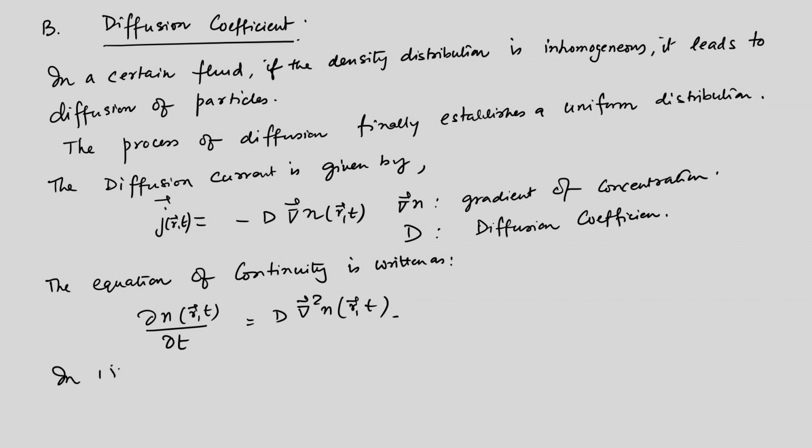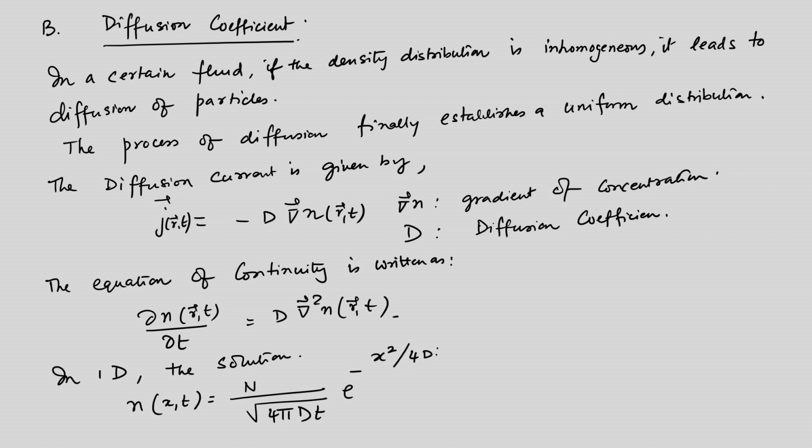In 1D, the solution is of the form n(x,t) equal to N divided by root over 4 pi D t, times exponential minus x square by 4 D t.